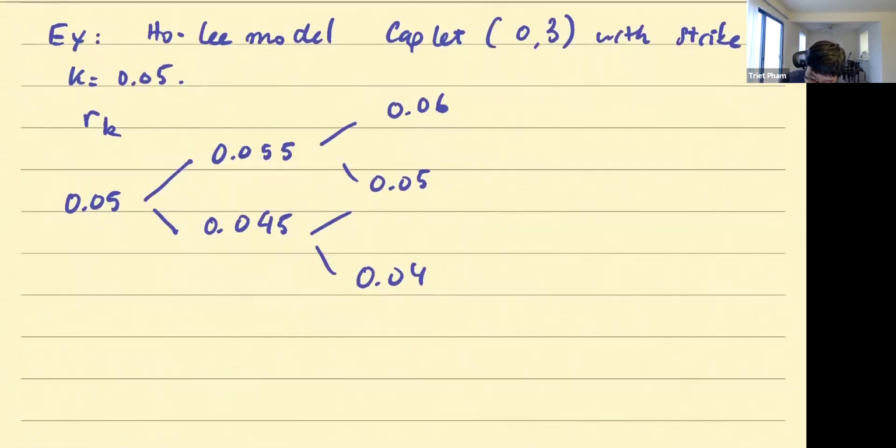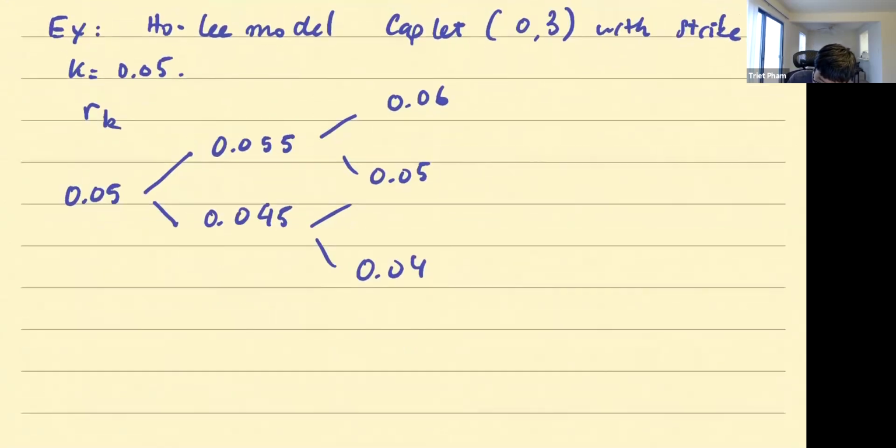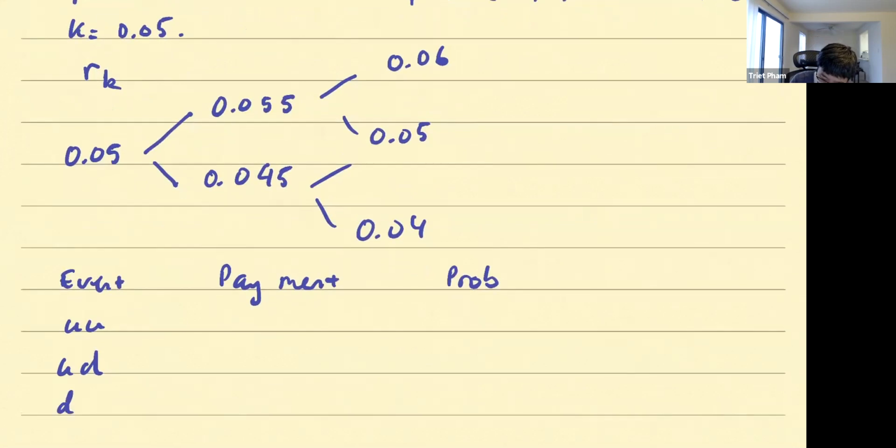So let's take a look first, and maybe let's do the events first. The table is very easy: event, payment, and probability. The events are UU, UD and DU, which are the same, and DD. What's the payment here?